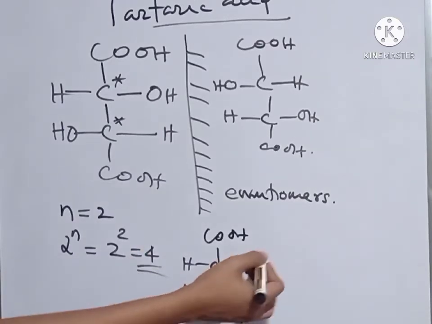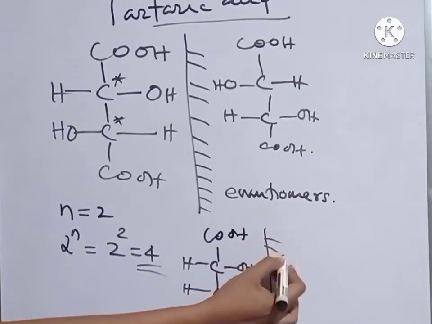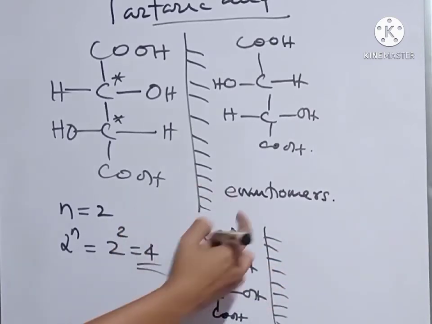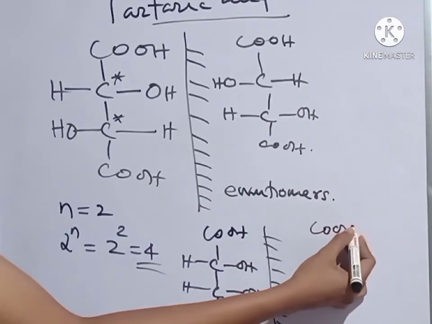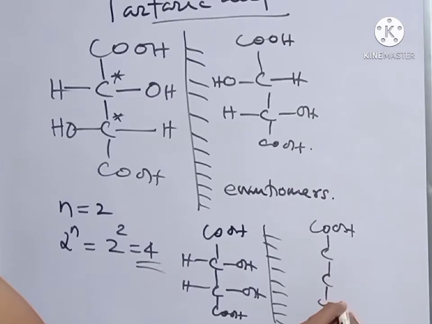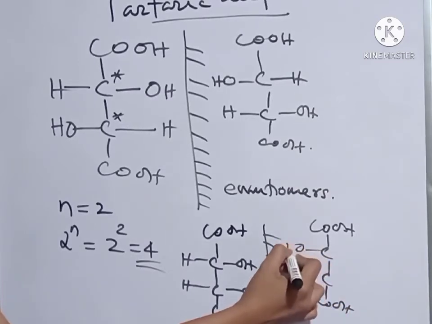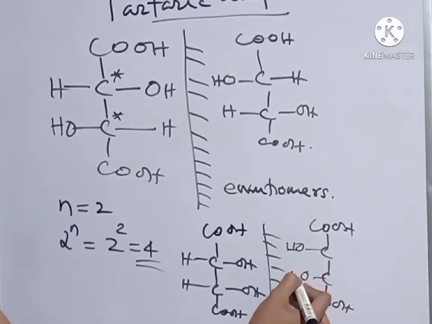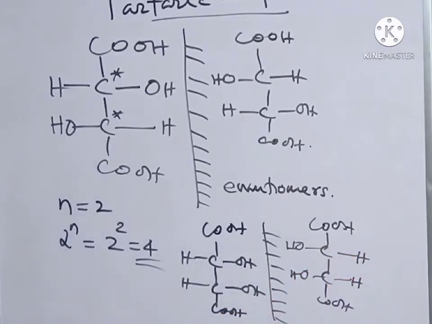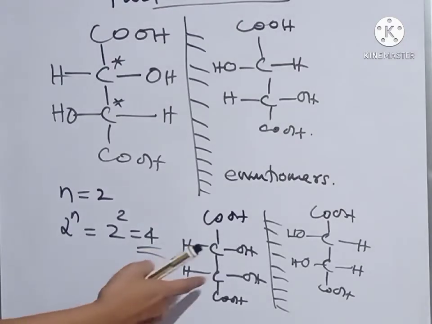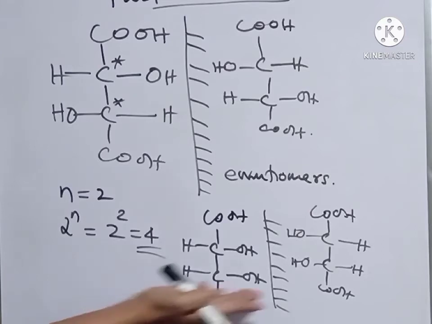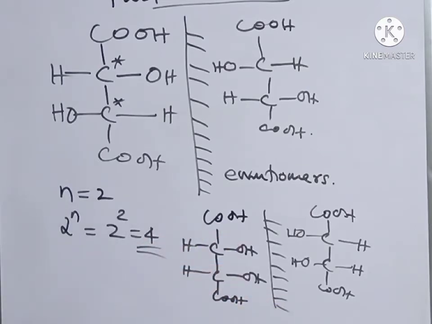So next, to draw the fourth stereoisomer, we have to draw the mirror image of this compound. So we'll think these two are two isomers and these two are related as enantiomers.